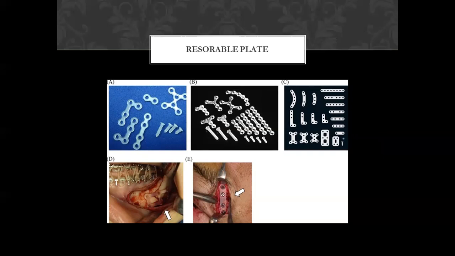As I told, it may undergo a hydrolysis phase or a metabolic phase. In the hydrolysis phase, water molecules are inserted into the long macromolecules, cleaving them into shorter polymer chains. In the metabolic phase, the breakdown products of glycolic and lactic acids are metabolized by the liver into carbon dioxide and water. So these resorbable plates undergo disintegration in the body, either by the hydrolytic phase or the metabolic phase.